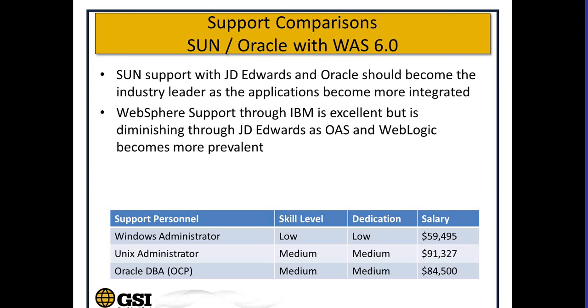As far as a Unix administrator, I kind of put their skill level and dedication up a little higher because Unix administrators tend to be a lot more involved and like to split things out and partition things out, allocate disk a lot differently than a Windows admin typically would do. And then as far as a database administrator, it's the same type of thing.